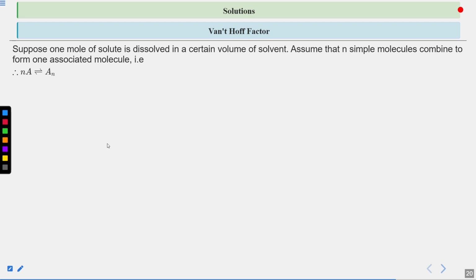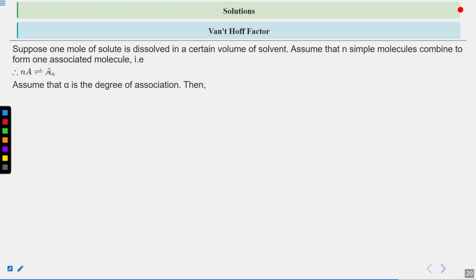Like if we take a hypothetical example where we have the association of a molecule A, and suppose n number of A molecules are associating to give us a single entity which is represented by writing An. Got it? Now remember, it is happening in a way that there is a partial association.